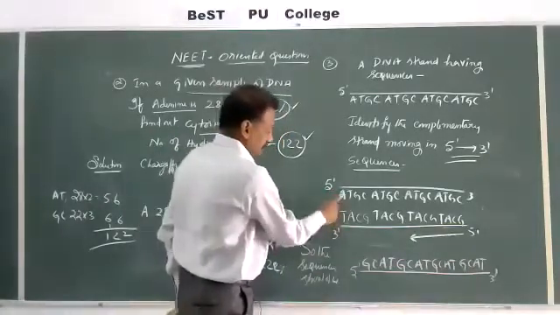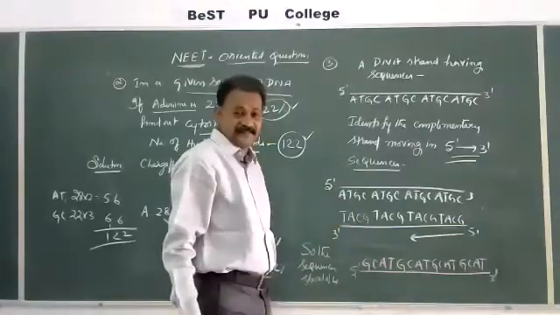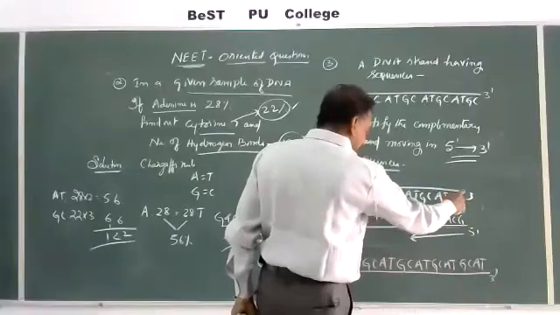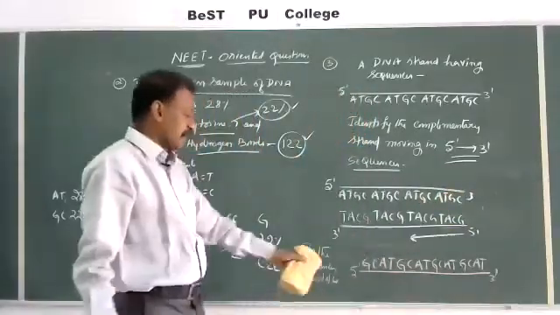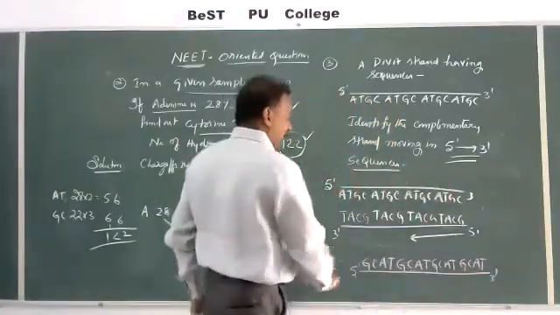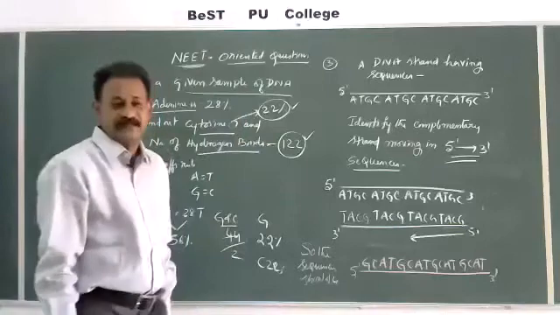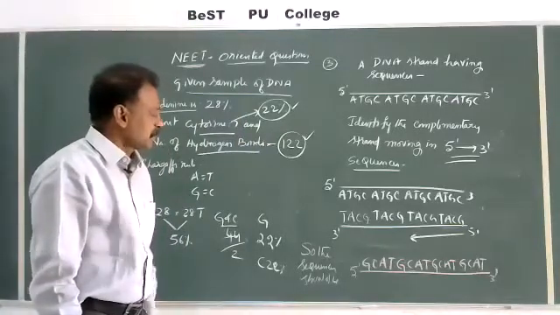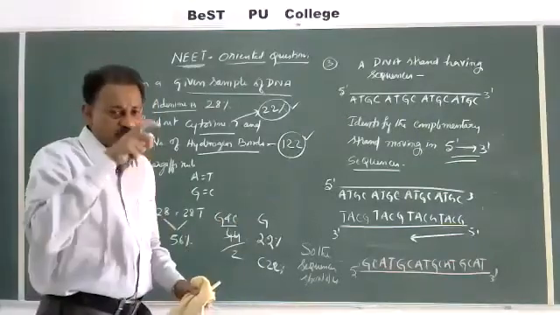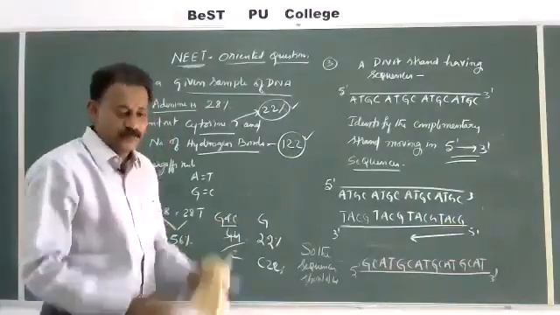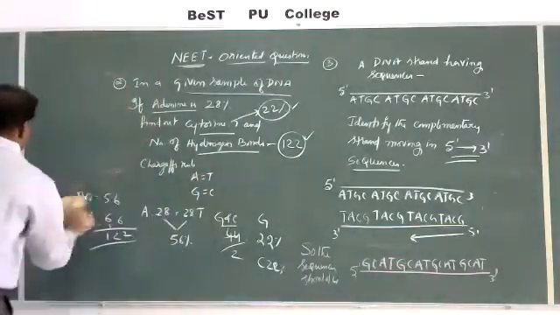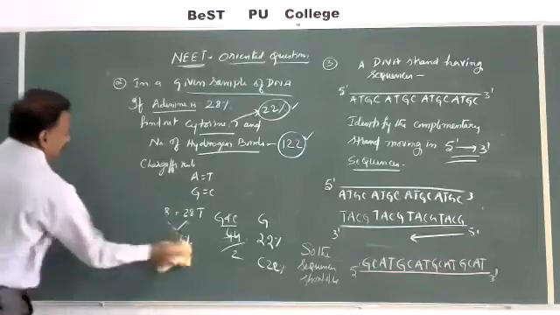Here, complementarity: if it is 3 prime to 5 prime, this will be 5 prime to 3 prime. Most students will not show the interest to sit and practice questions of these types. Unless you practice, you cannot get the answer.